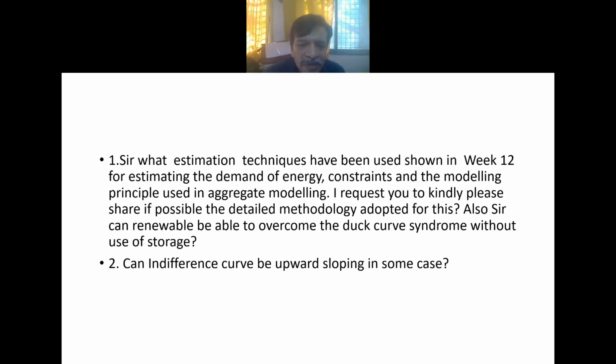The way in which we can overcome this is if we had storage, or if we have hydro which can suddenly ramp up. Can renewables overcome this? Well, the only dispatchable renewable that we know of is biomass. We could have biomass, and we could also hybridize renewables.